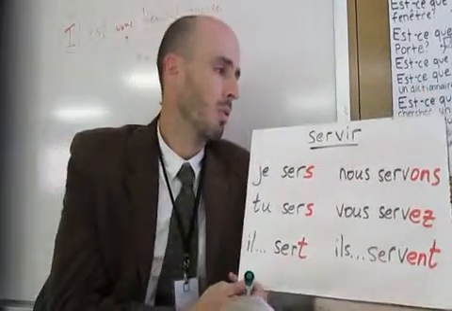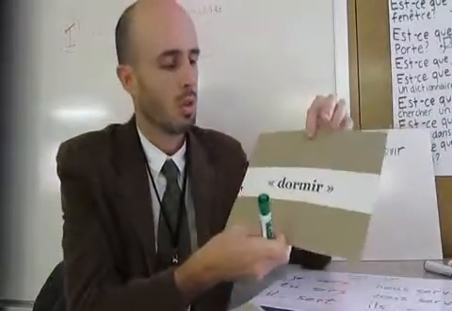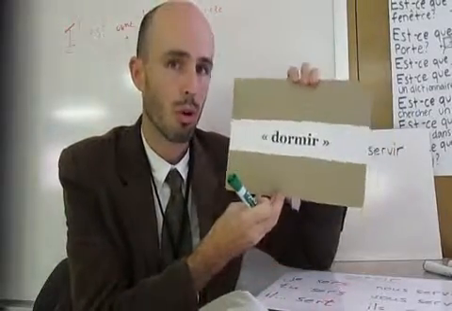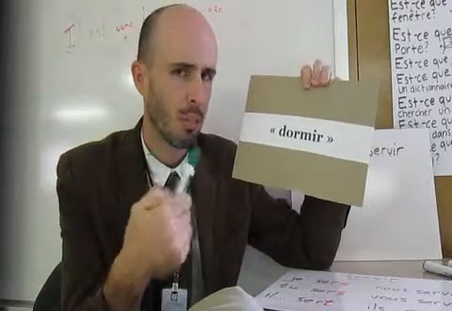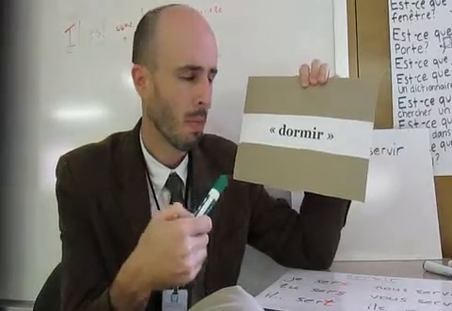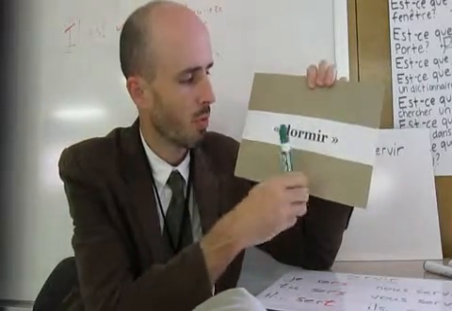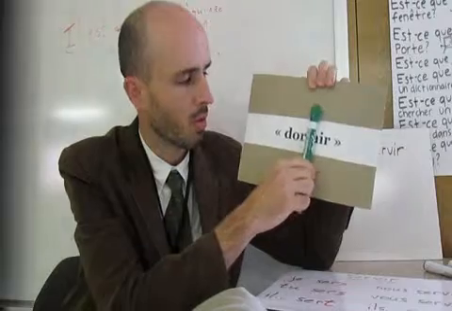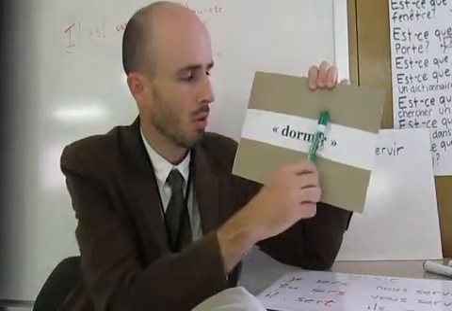Another common one you might like: dormir, to sleep. Apply the same pattern. For your singular forms, drop off the last three letters and keep dor. For plural forms, drop off the IR.